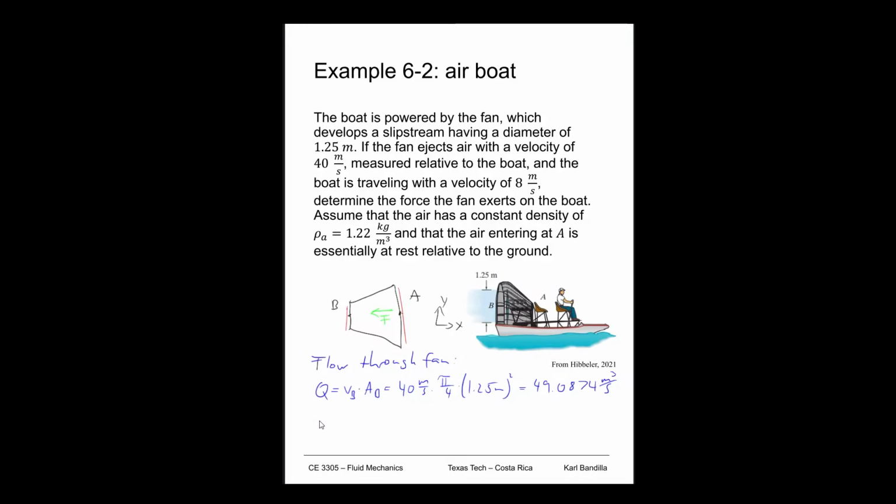So we can say, let's write that down, air at rest, but boat moving. All right, so we get our VA is equal to 8 meters per second. All right, those are the preliminaries.